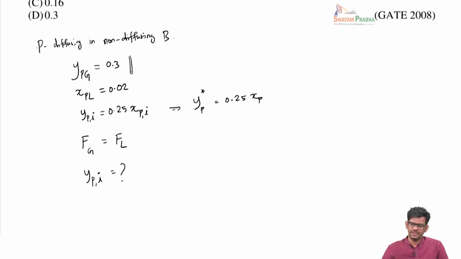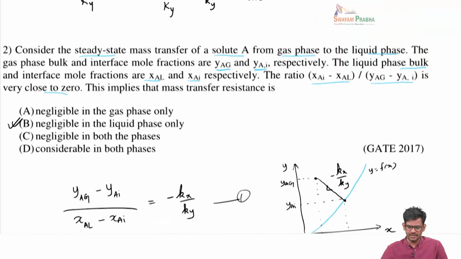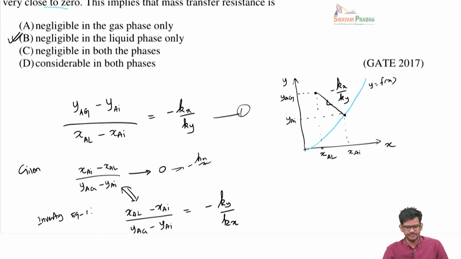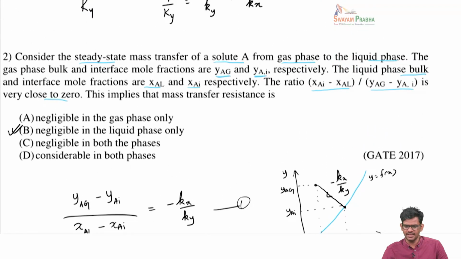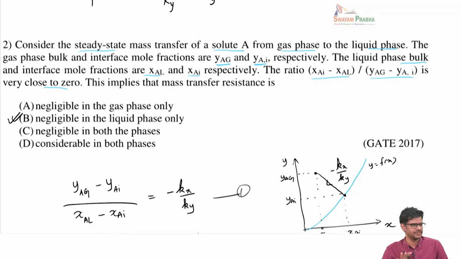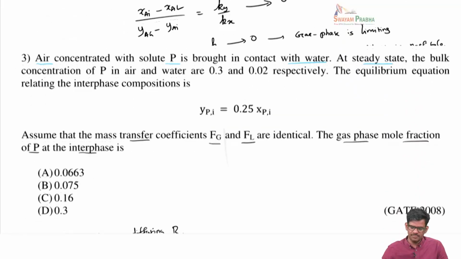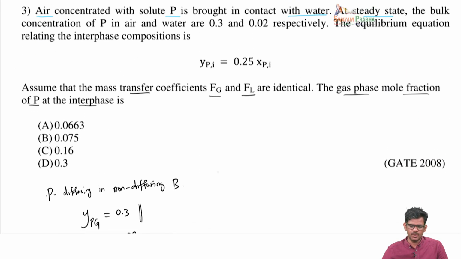Now, in one of the problems before, I used this particular driving force line equation based on the phenomenological approach, assuming that it is a dilute system. In this problem, we cannot use that equation for the driving force line because it is a concentrated system.